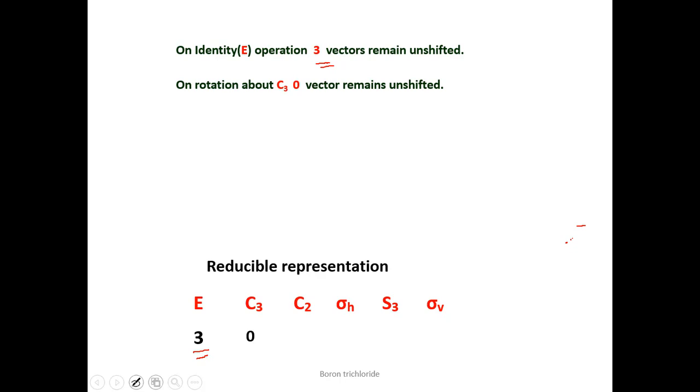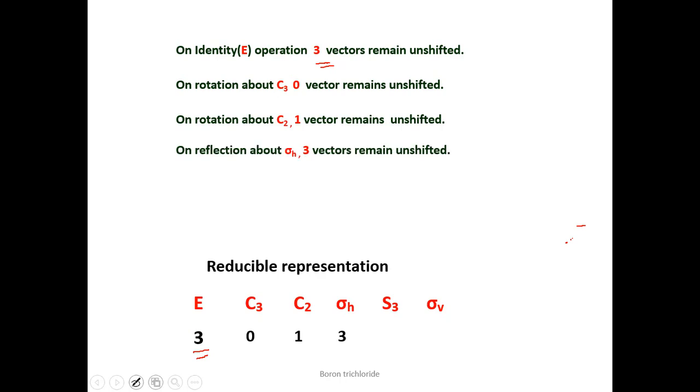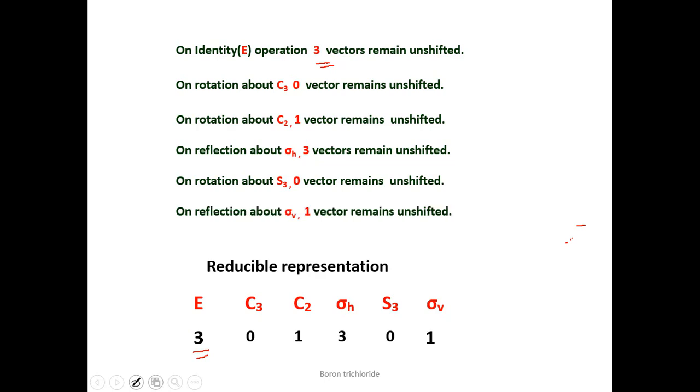Next, during C3, 0 vector remains unshifted, so write 0 here. During C2 operation, 1 vector remains unshifted, write 1. During sigma h operation, 3 vectors remain unshifted, so write 3. During S3 operation, 0 vector remains unshifted, write 0. On reflection about sigma v, 1 vector remains unshifted, write 1.